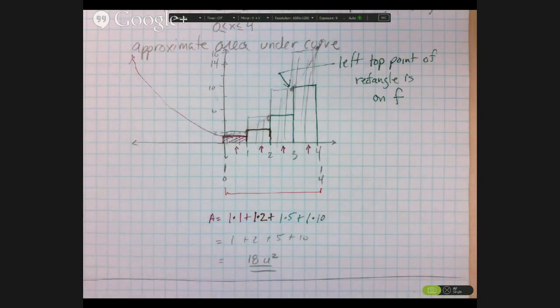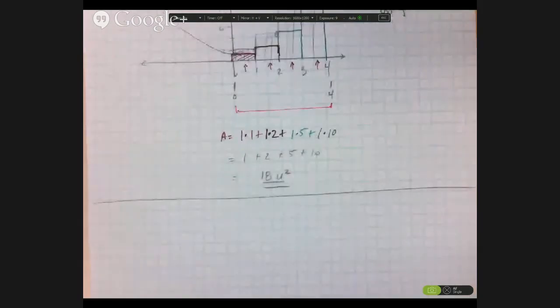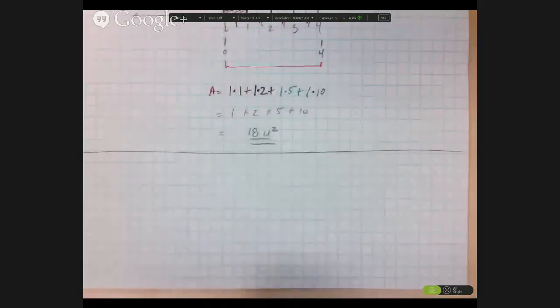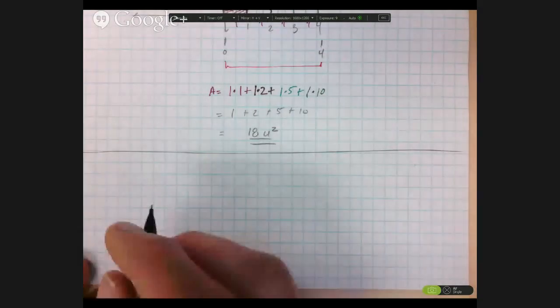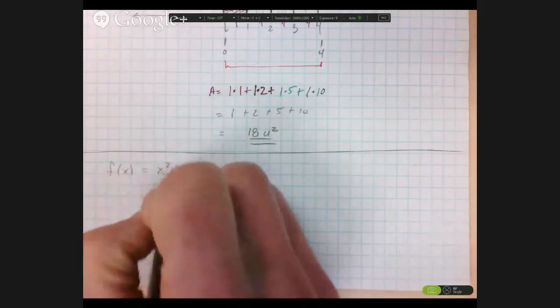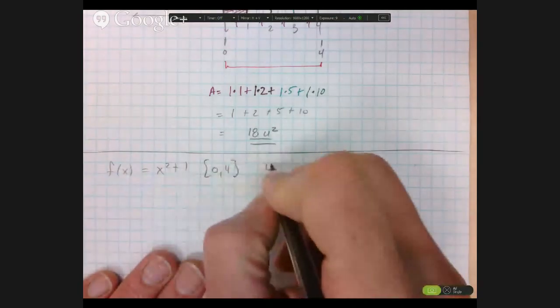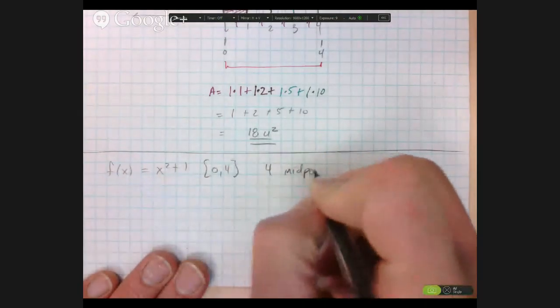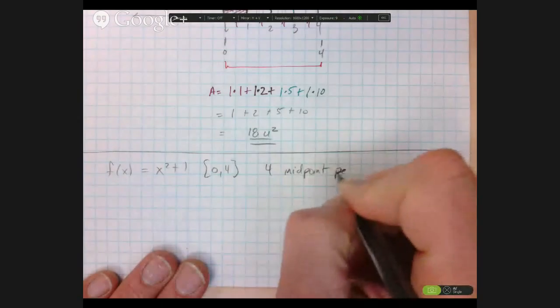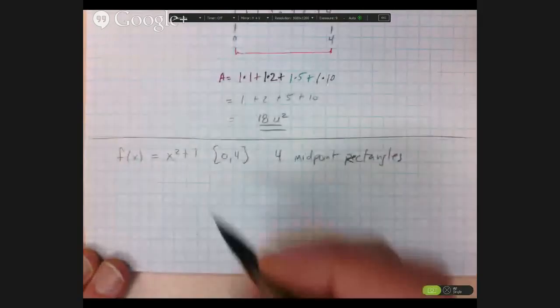Pass those out. Do you want to? I'm going to do the midpoint first, and then I'll do the right approximation. If you want to see the right, you can, but this will be a midpoint. So let's use the same conditions. We're going to do midpoint rectangles this time.